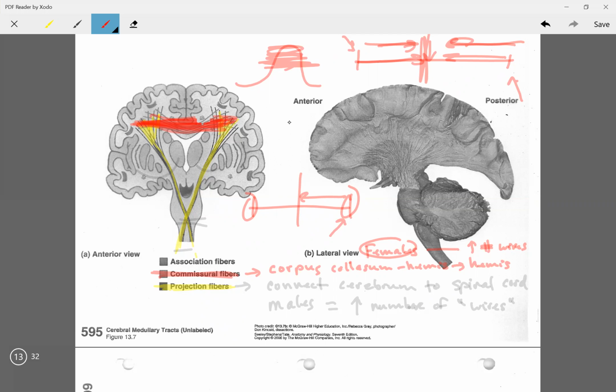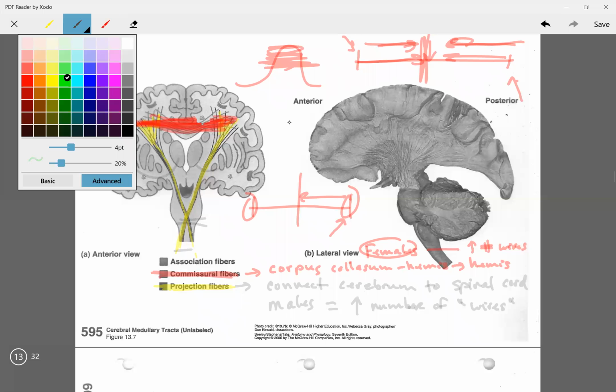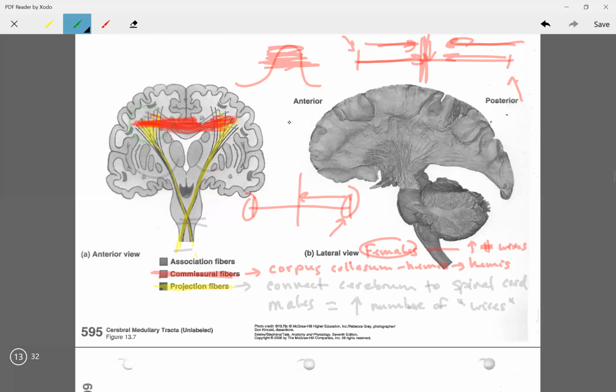Okay. And then you have the association fibers, which are right here. It's where the wires meet each other. Okay, and that connects the areas of the cerebral cortex with the same areas in the hemisphere. Okay, it connects the areas.